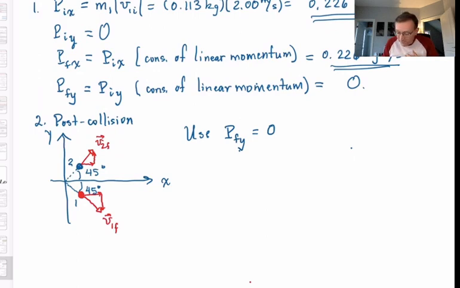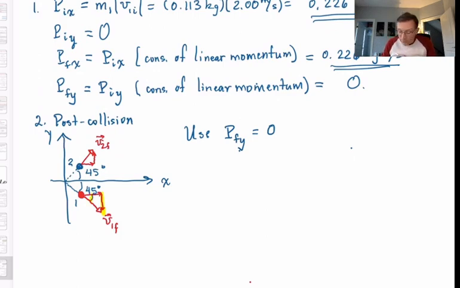I'll do particle 1 first, but note the y velocity for particle 1, which I just shaded in yellow, is pointing in the negative y direction. So the y velocity of particle 1 is negative, so the y momentum of particle 1 is negative. And that y velocity is magnitude v1 times sine of 45, since this angle right here is 45.